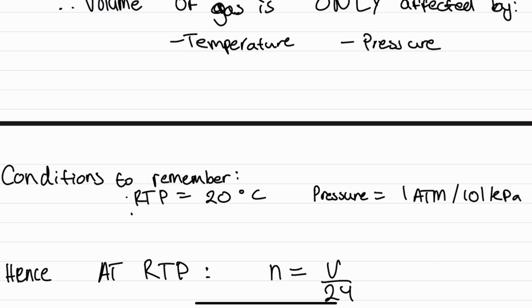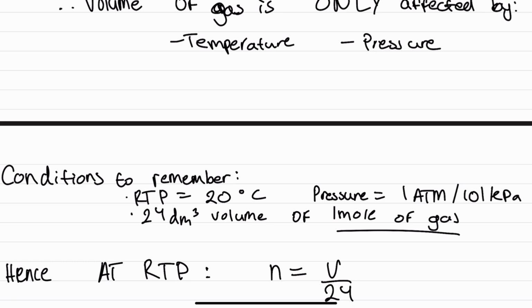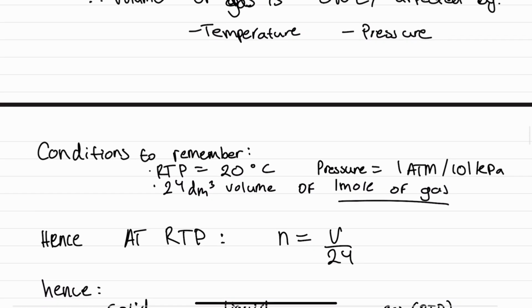Either one will get you the mark. And you also need to know that there's 24 decimeters cubed of volume of 1 mole of gas. This means that 1 mole of any gas at room temperature and pressure takes up 24 decimeters cubed of volume. Therefore, under all of these conditions, and no less, no more, this equation is true. That moles is equal to volume over 24.